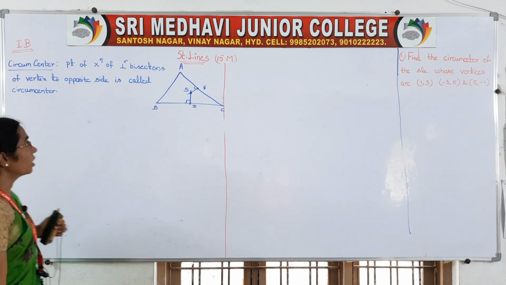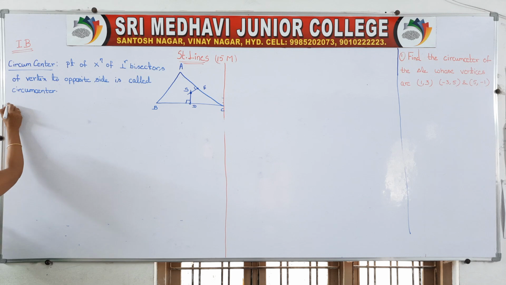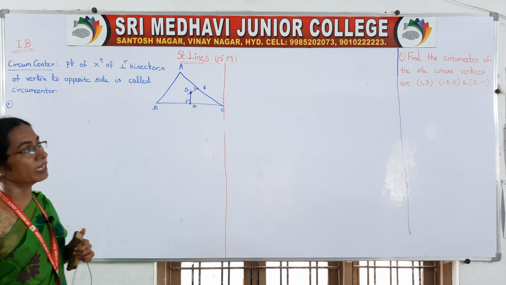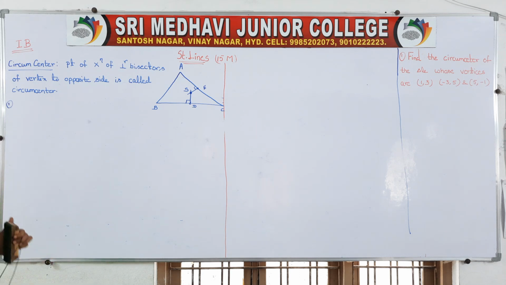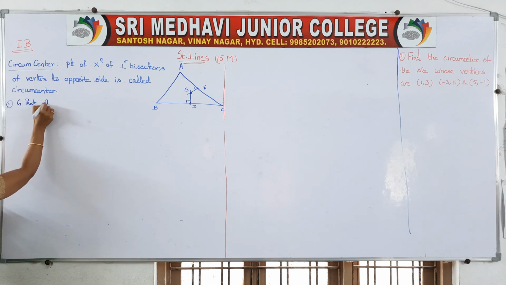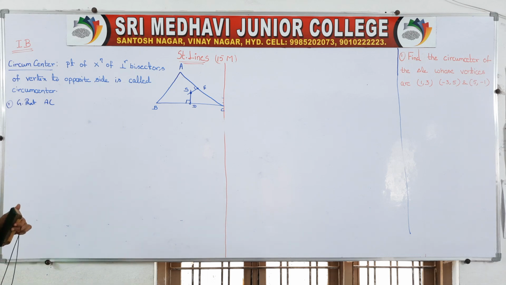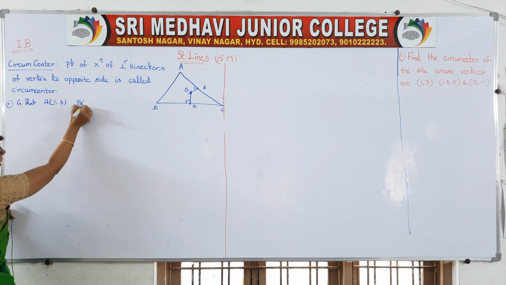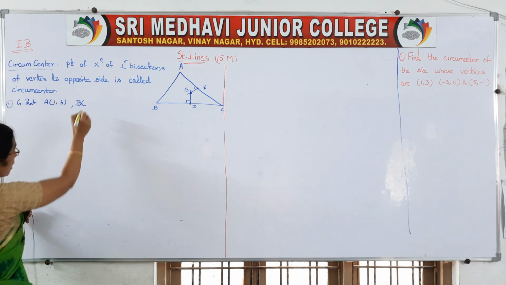Okay, so come on, what is the given information to you? The question is there on the board. Read the question. Find the circumcenter of the triangle whose vertices are given to you. So first, what is the given information to us? Given that A, the first vertex, is (1, 3). Next B, the second vertex, is (-3, 5).